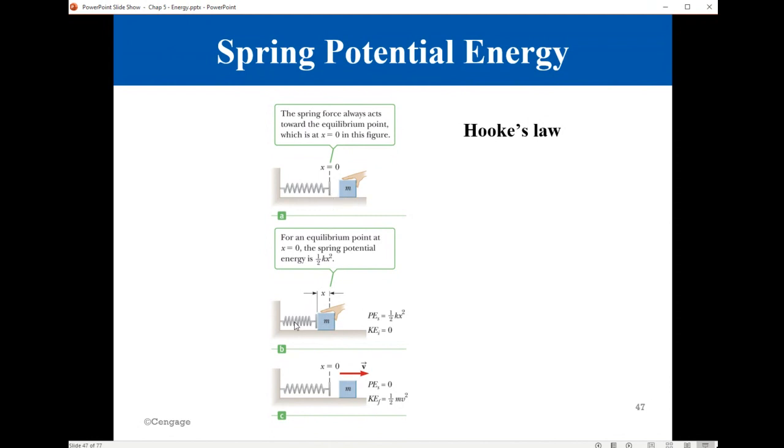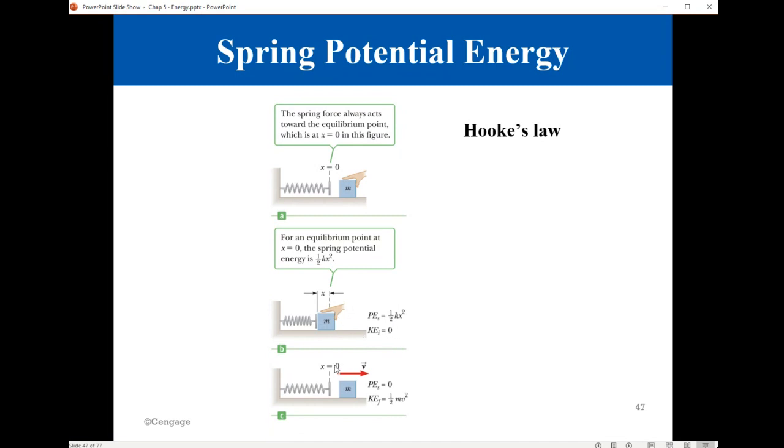The spring now contains potential energy equals half kx squared. K is a proportionality constant. We call it the spring constant. And x is the displacement. Kinetic energy is zero. There is no motion involved.